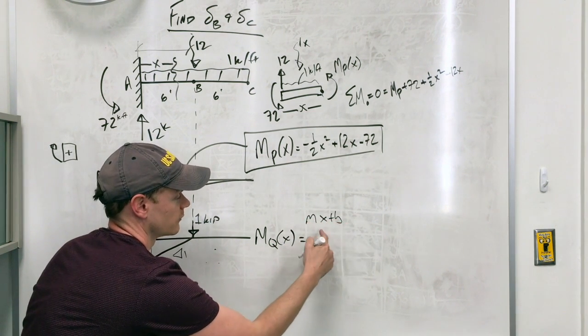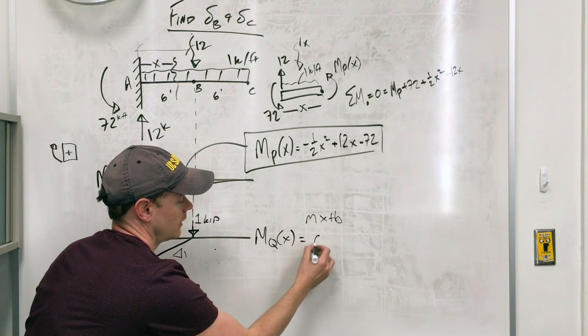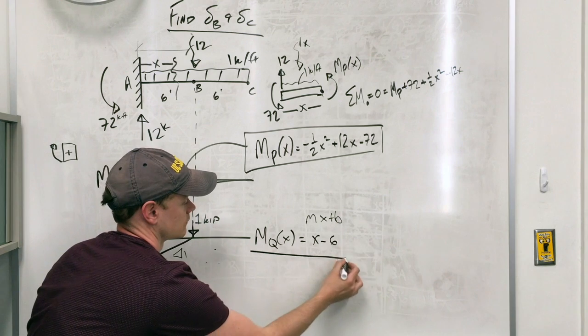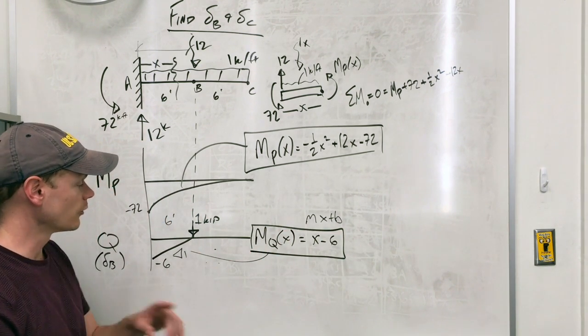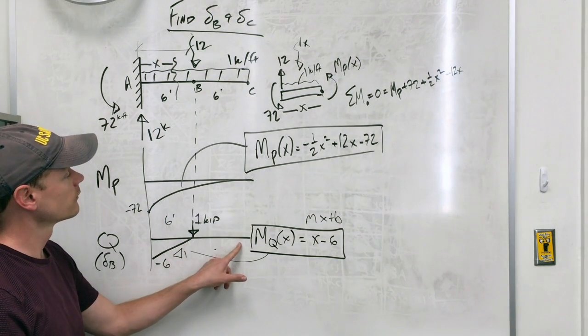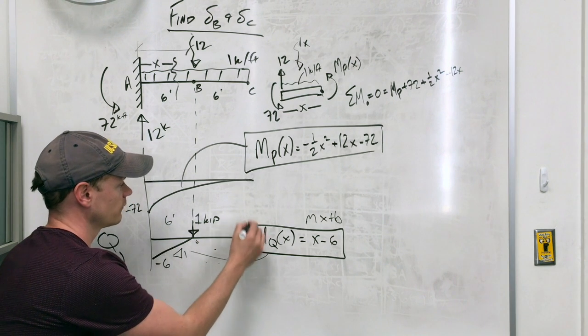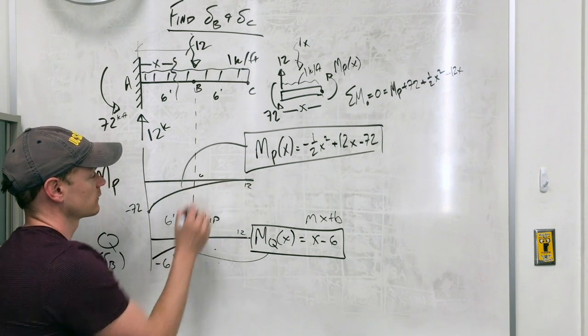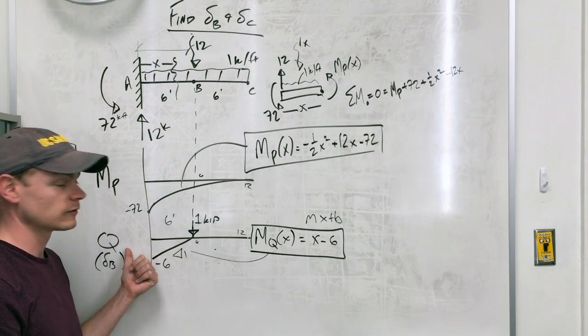That's what I'm doing here. Equation of a line, x minus 6. That's this one. So notice, from 0 to 12, this is at 6, this is at 12. But from 6 to 12, the Q system is 0.